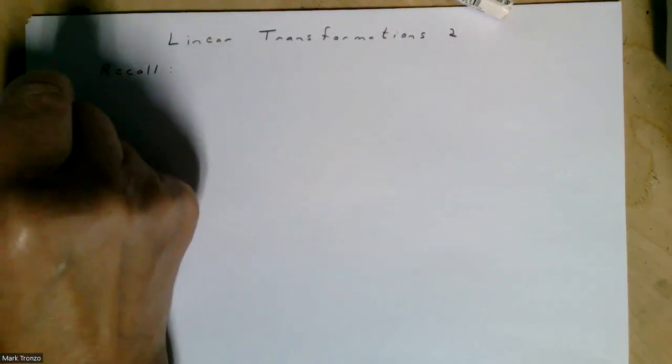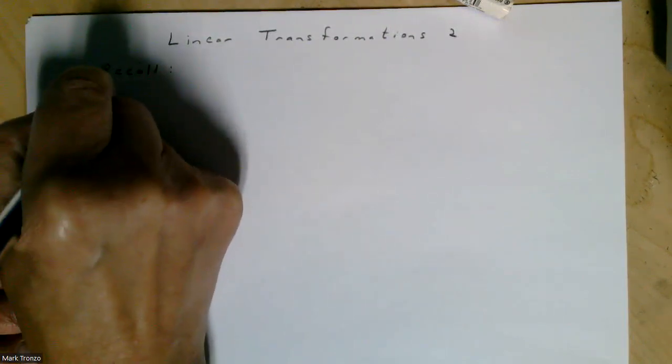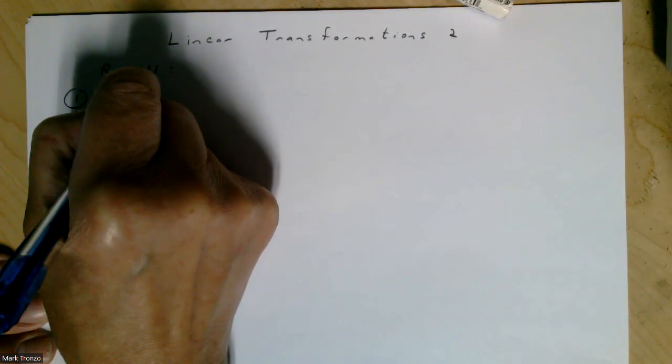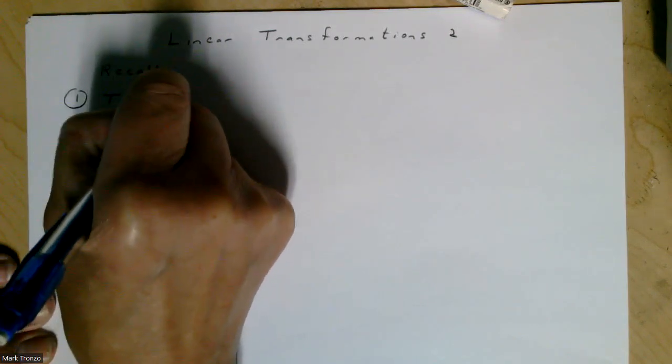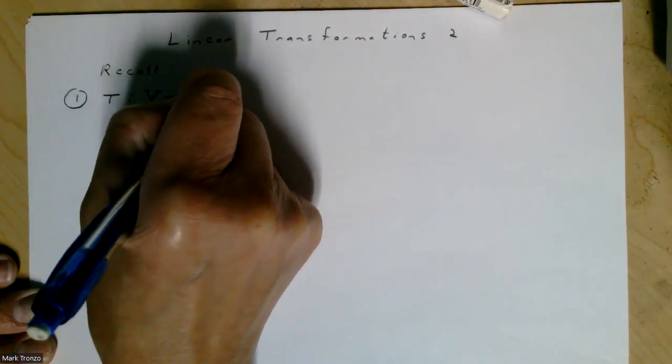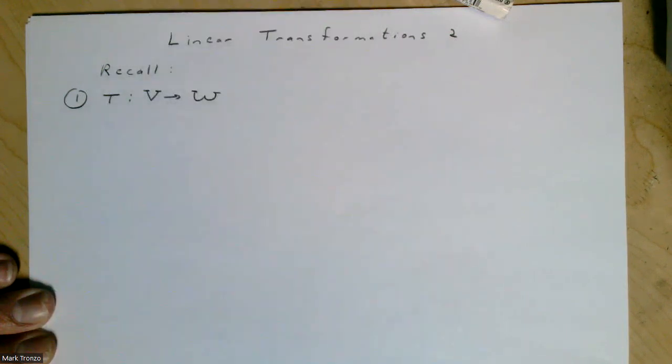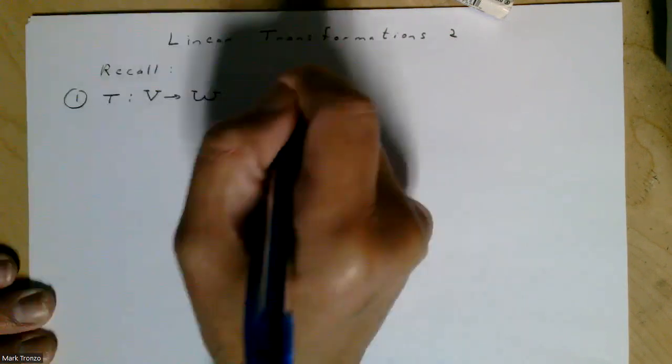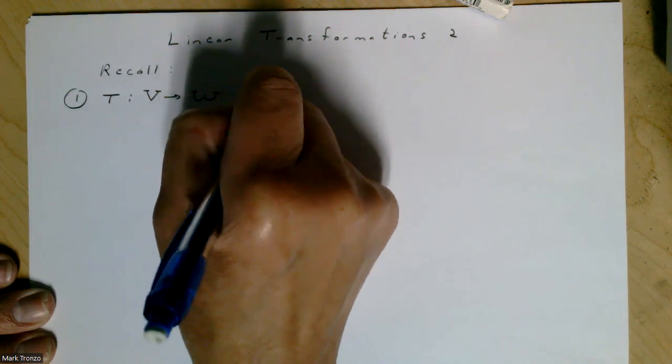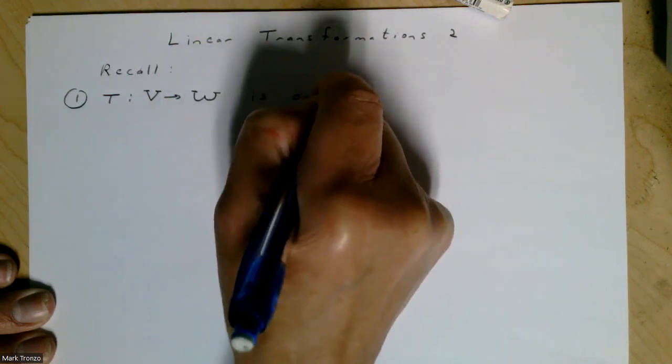To recall number one, if T is a linear transformation from V to W, this is 1-to-1.